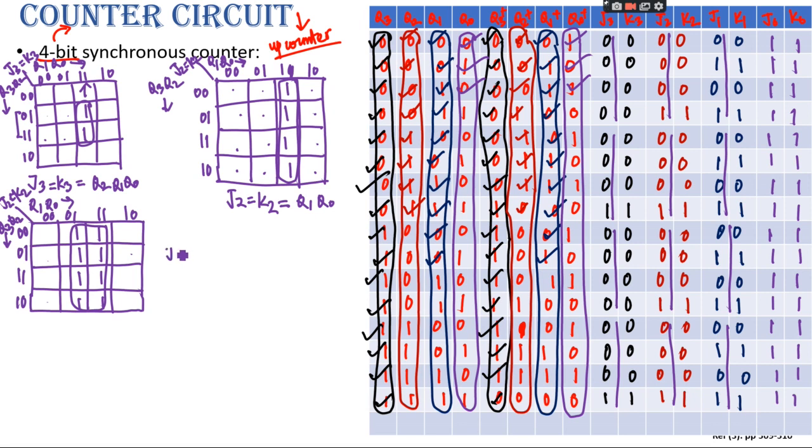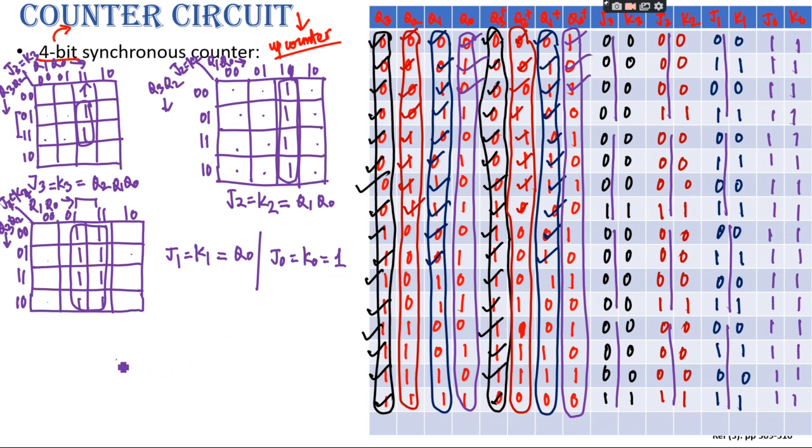So finally I can write, oh sorry, this should be J1 and K1, right? So J1 equals K1 equals, what is common between these two columns? Q0. And finally, for J0 and K0, all the inputs are 1, so J0 equals K0 equals 1. Right? Yes, sir.